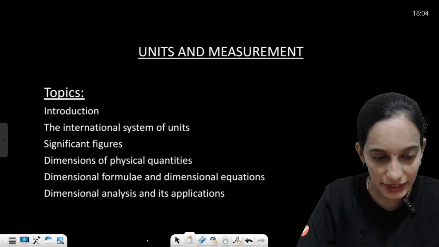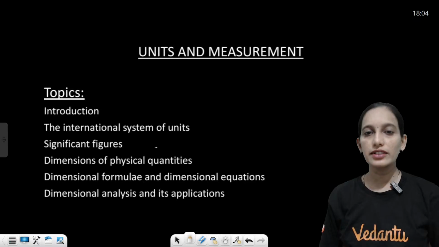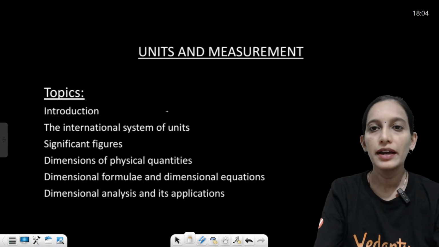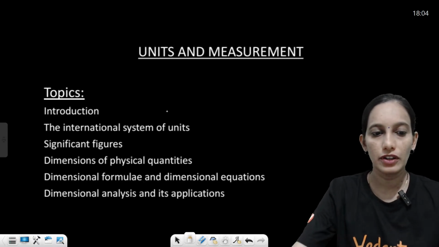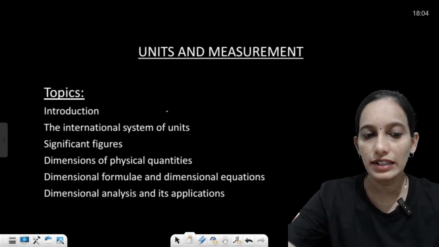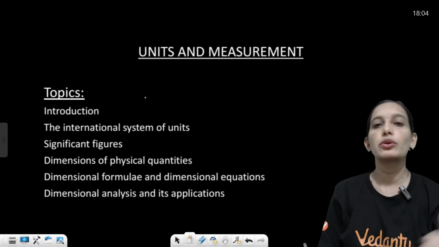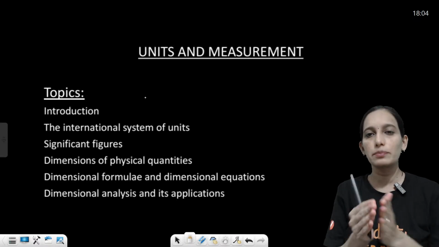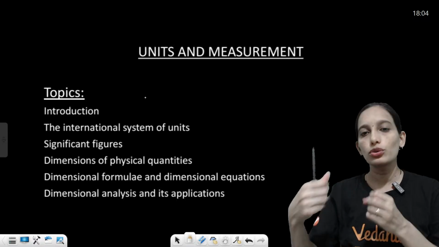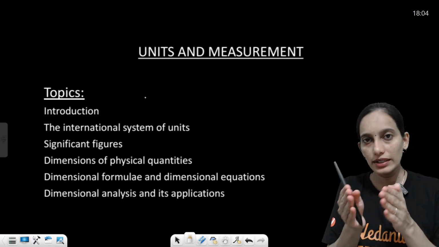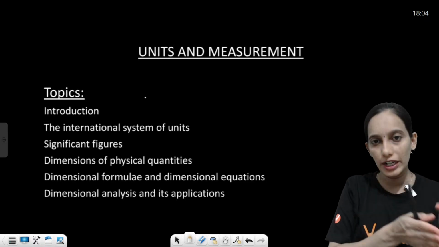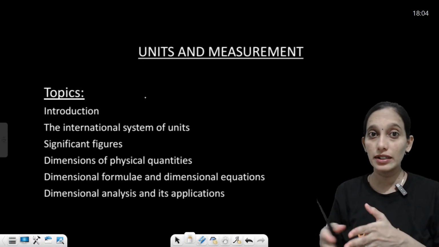As I said, today's topic will be units and measurement. In this chapter we can broadly classify into two subtopics. One is about the units: how do you measure, and what are the different types of physical quantities.